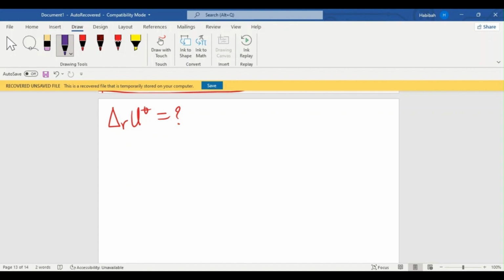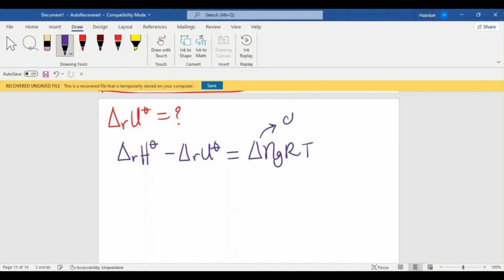Basically, when you know the value of one, you can find the other, just making sure to use this particular equation. The equation is change in enthalpy of reaction minus change in internal energy of reaction equals Δn_g RT, where Δn_g is simply the change in the number of gas molecules.